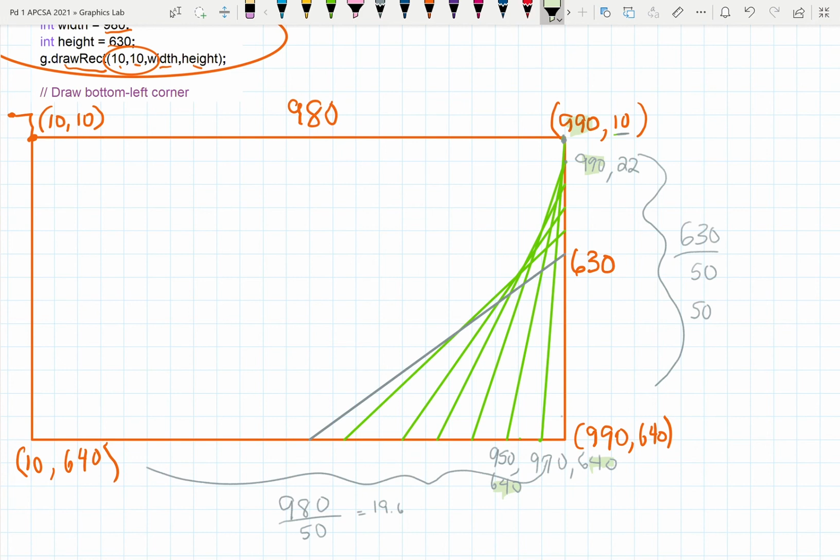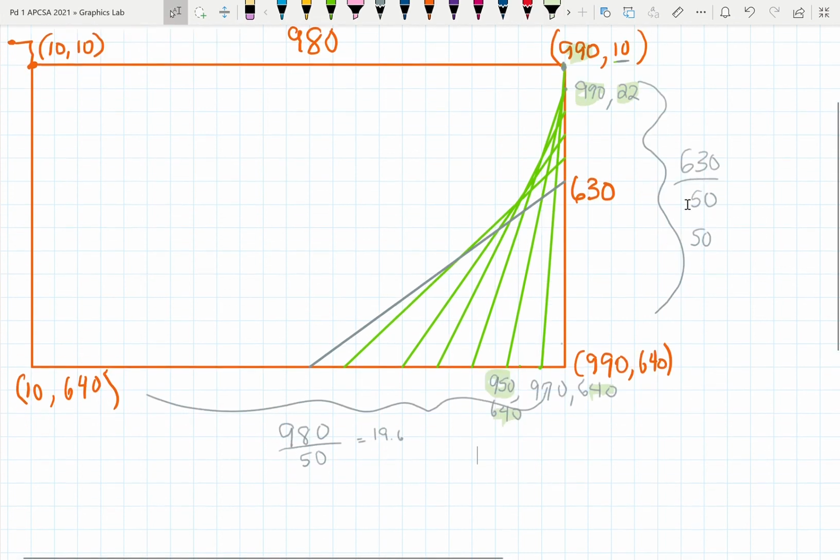We'll talk about the g.drawLine in just a second. But in those g.drawLines, the y-coordinate is going up by 12 while the x-coordinate stays the same. And then for the second point, the x-coordinate is going down by 20, while the y-coordinate is staying the same.